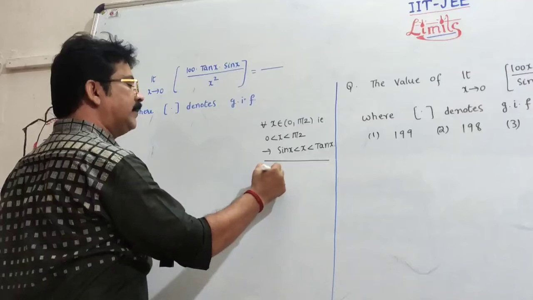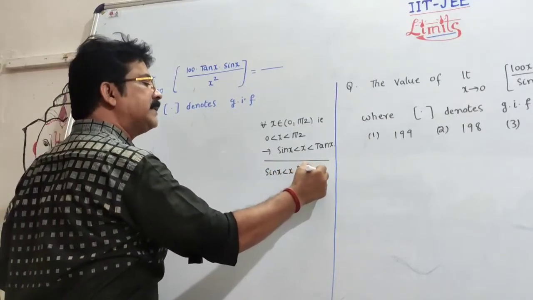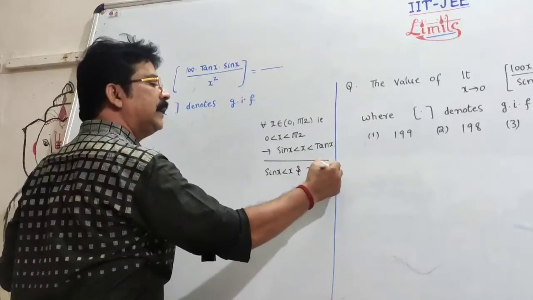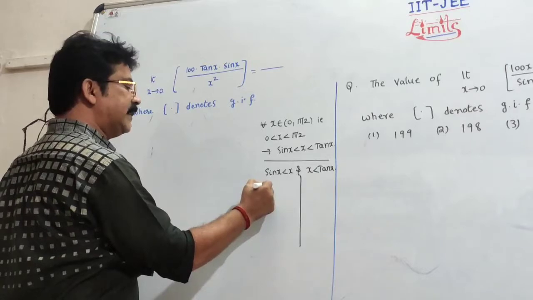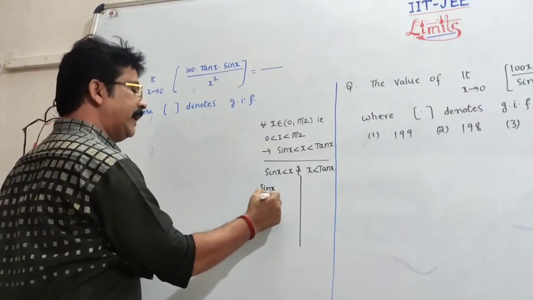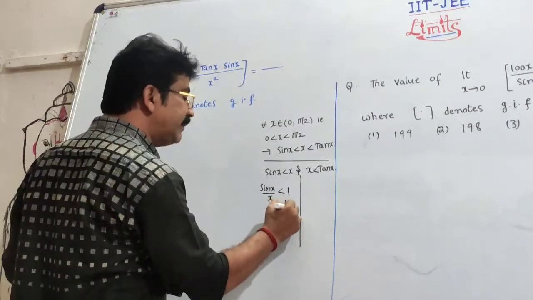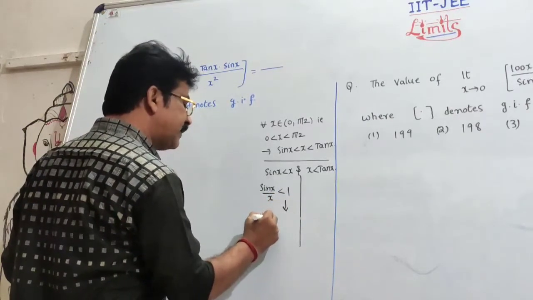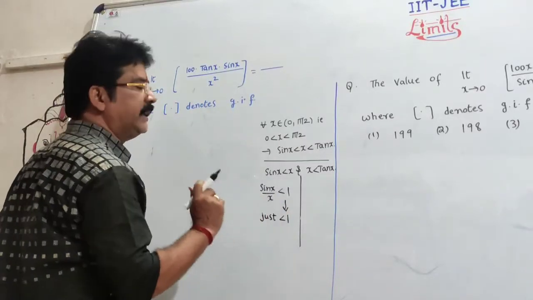Here, given the condition sin x is less than x and x is less than tan x, sin x divided by x is less than 1. Less than 1 means, what does it mean? Just less than 1. That is the correct meaning.